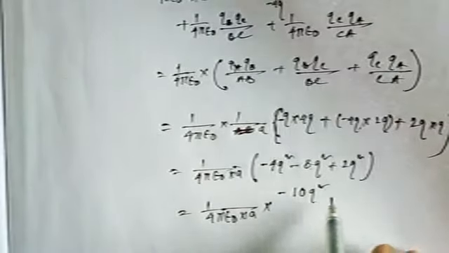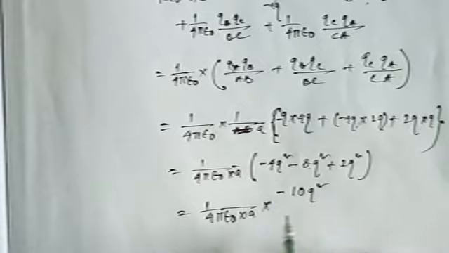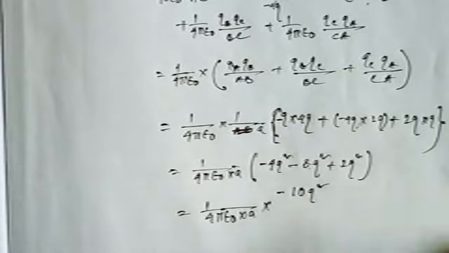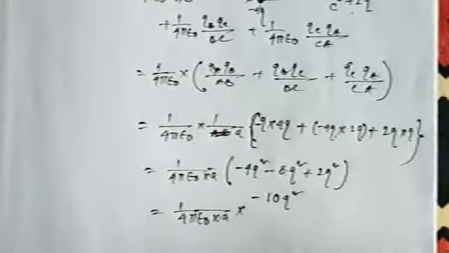Now you can put the value of Q and the value of A, and you can find the net value. That's all.